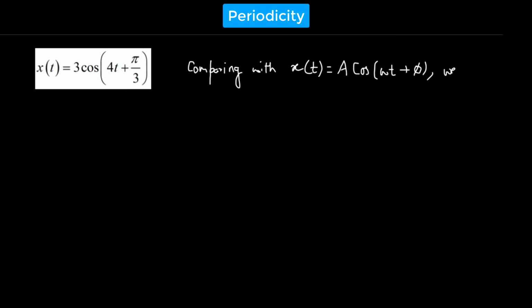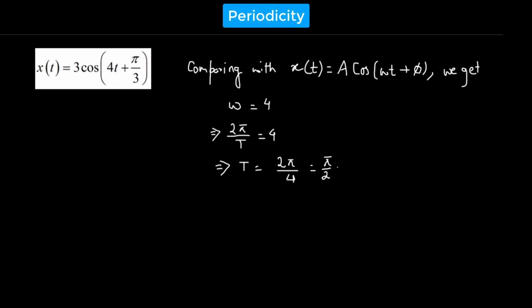We get omega equals 4. So the definition of omega is 2 pi over T, which equals 4, and that gives us the value of T equals 2 pi over 4, which equals pi over 2.